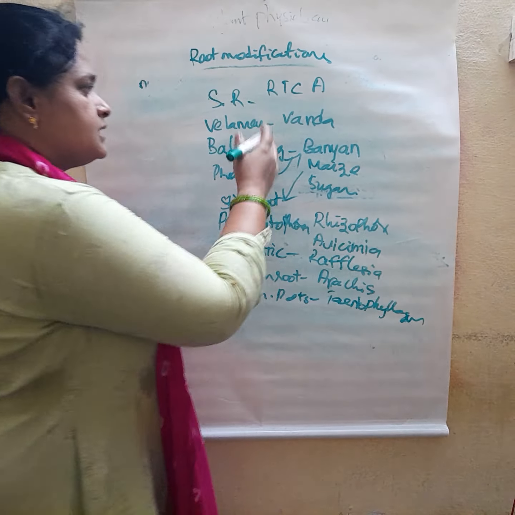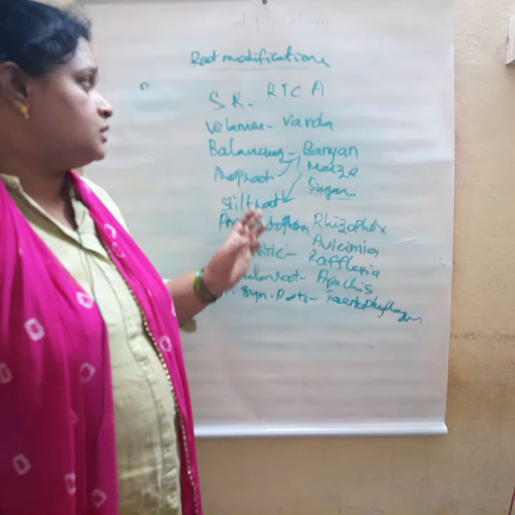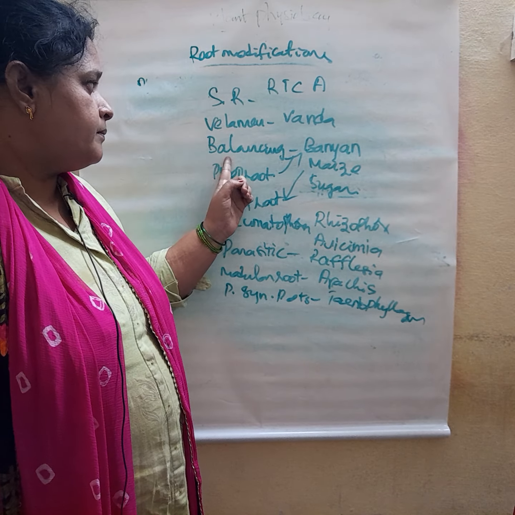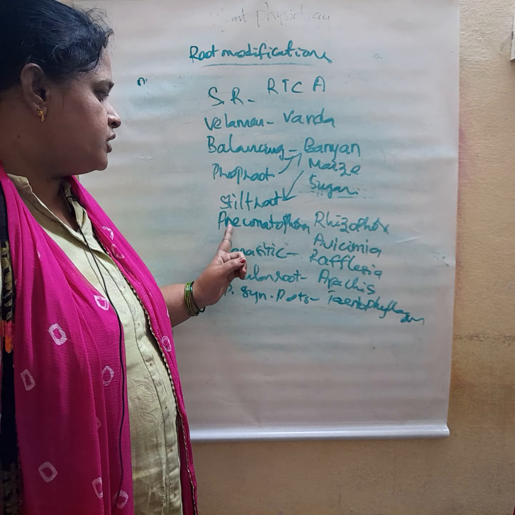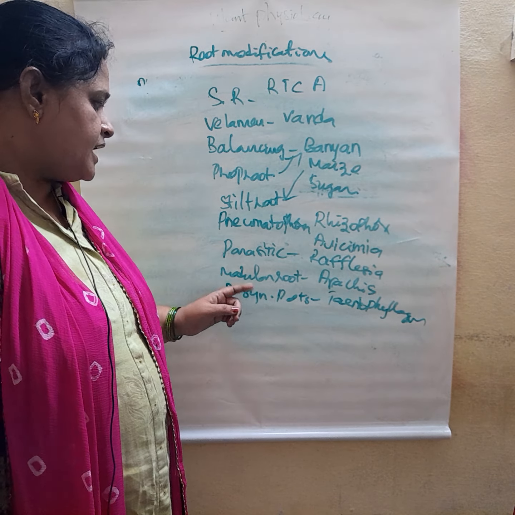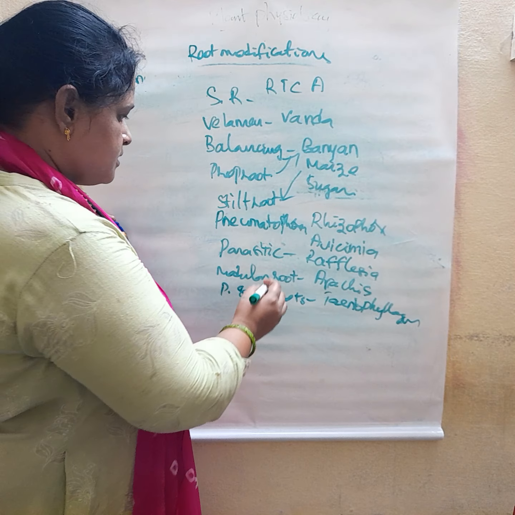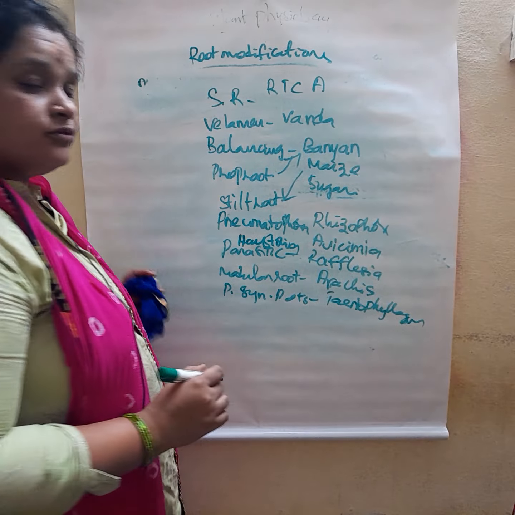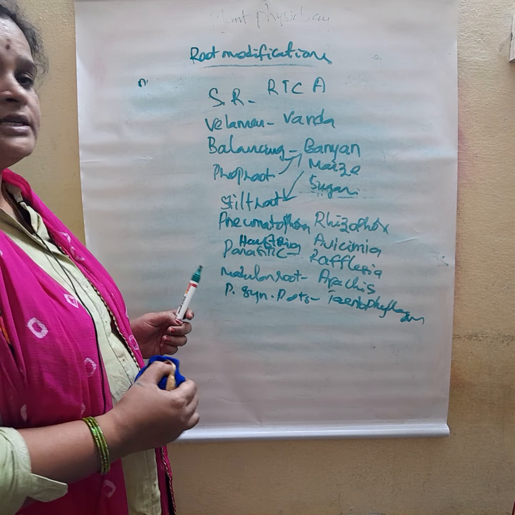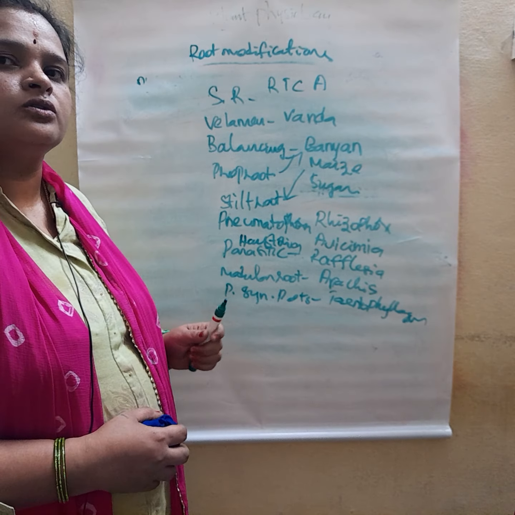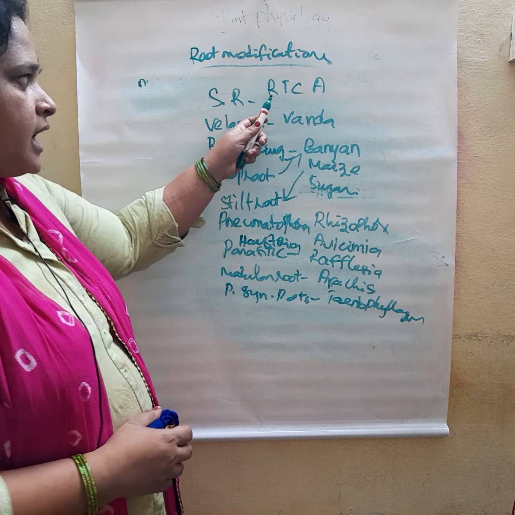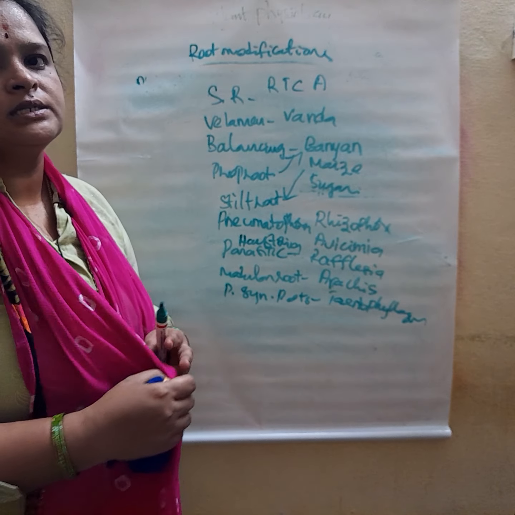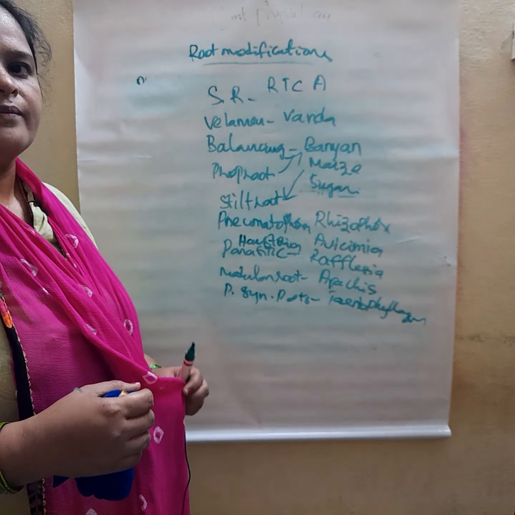So these are the modifications of root: storage root, velamen root, prop root, stilt root, pneumatophores, haustorial roots, nodular root and photosynthetic roots. So you have to remember all these examples. By making tricky sentences of your own, you can remember them.